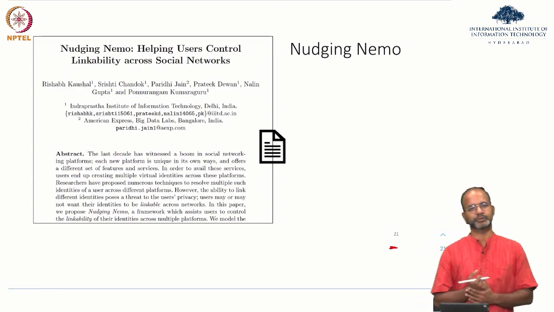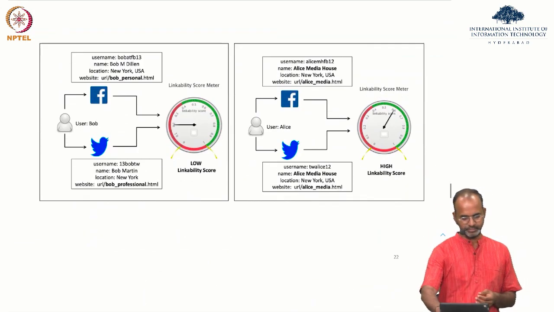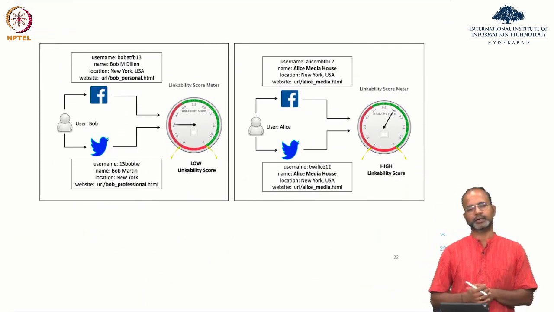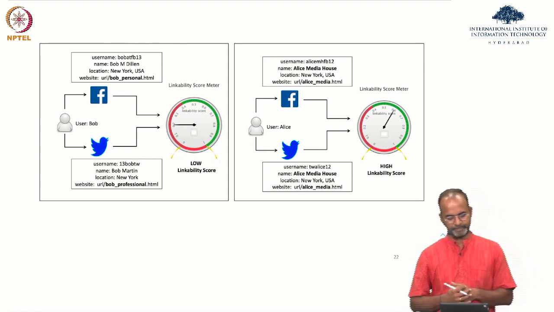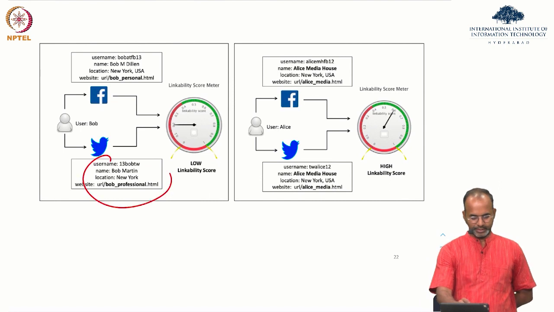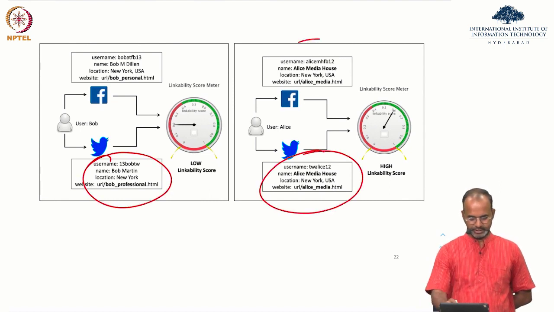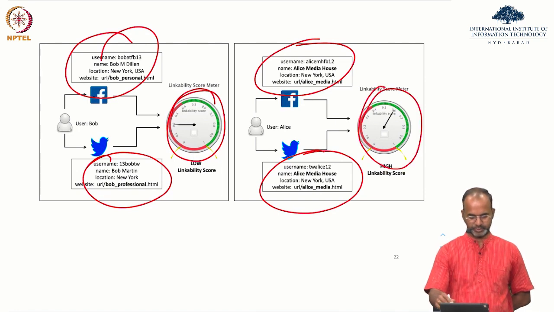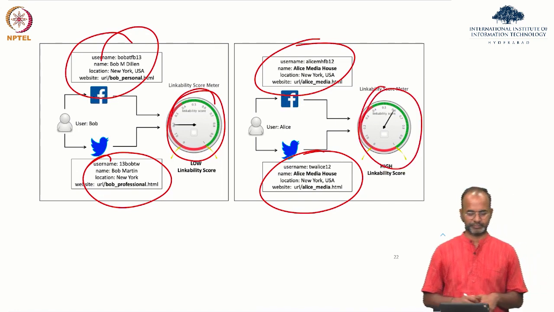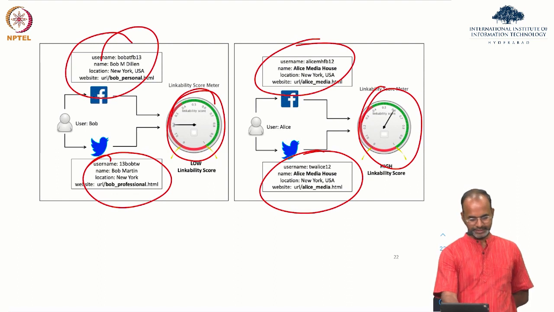So nudging Nemo. This is about helping users make a choice about this resolution. So the idea here is to look at these users' details, username here, username here, username here, and then some output here. Your focus is here. So for example, in this case, the Facebook handle of the user.